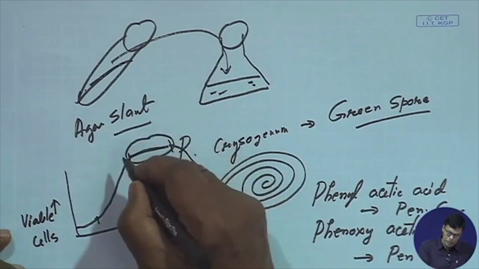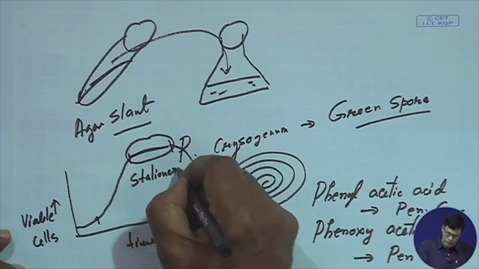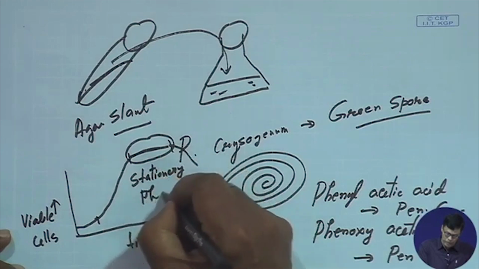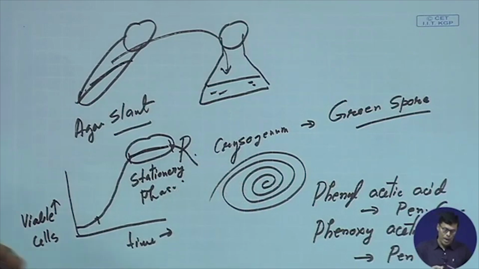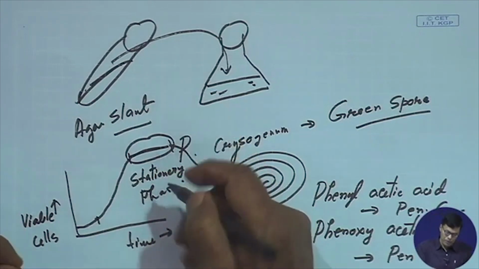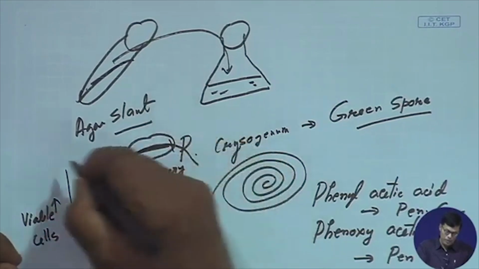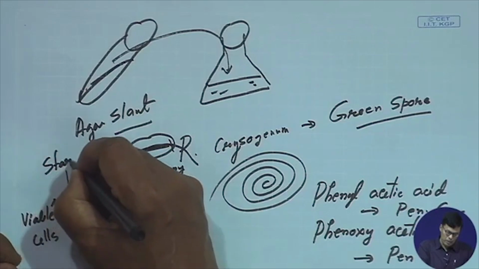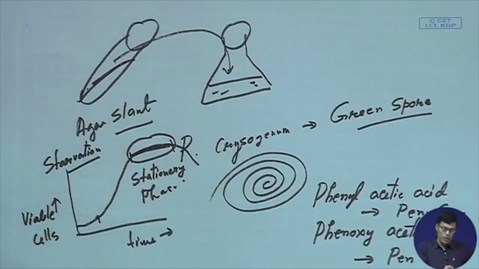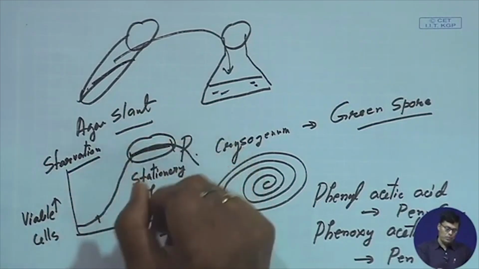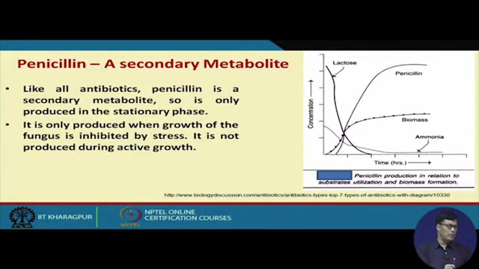This is called the stationary phase, and it is also called the starvation phase. Starvation means we don't have sufficient substrate for the organism, so the organisms struggle to survive. That is the difference we have.